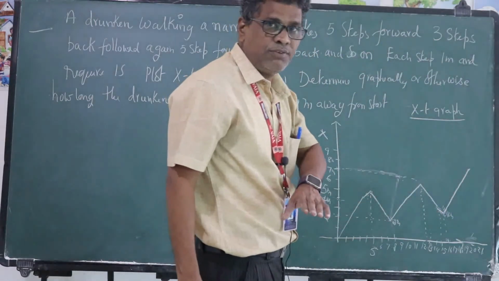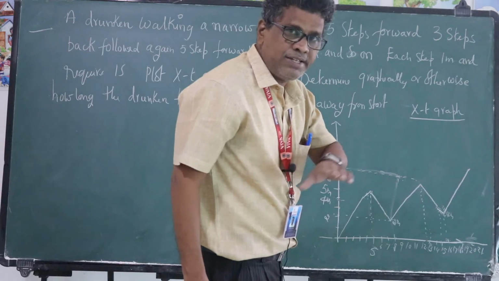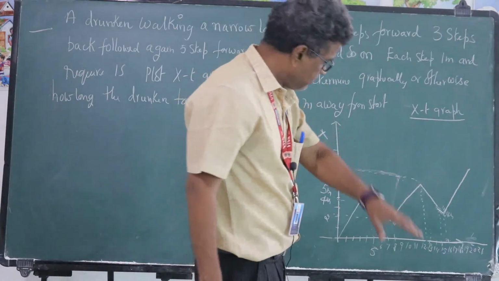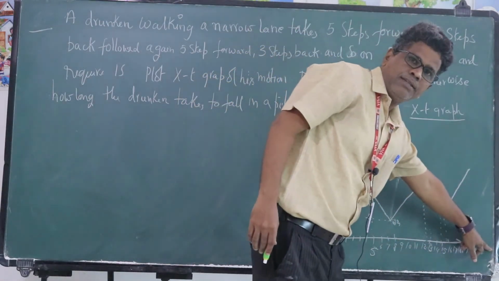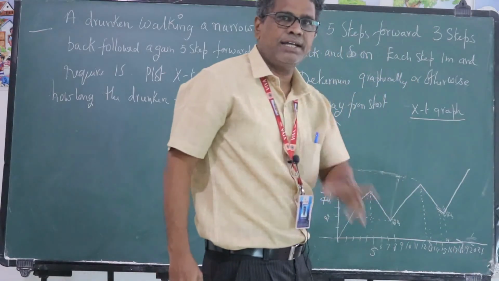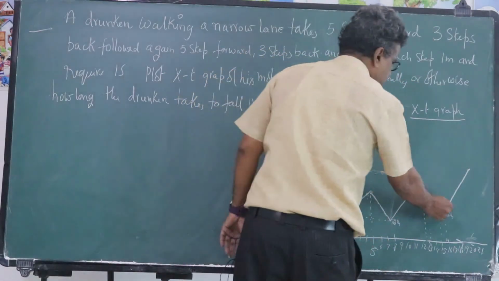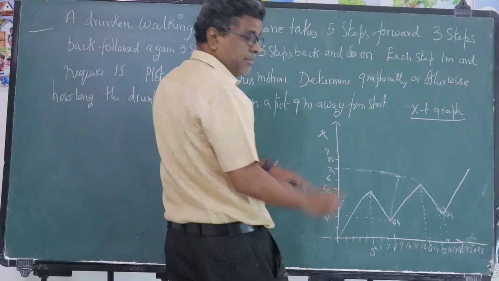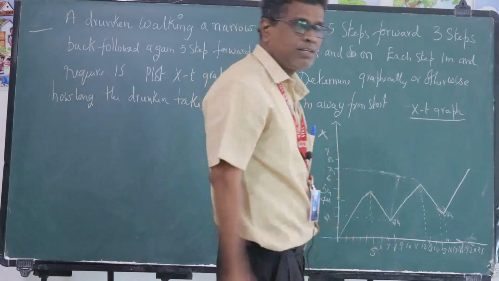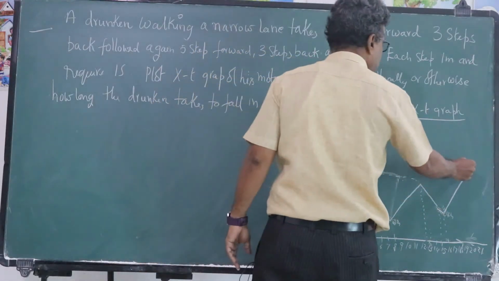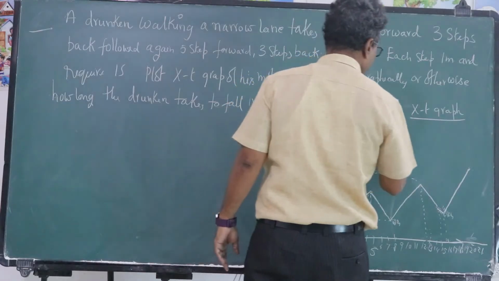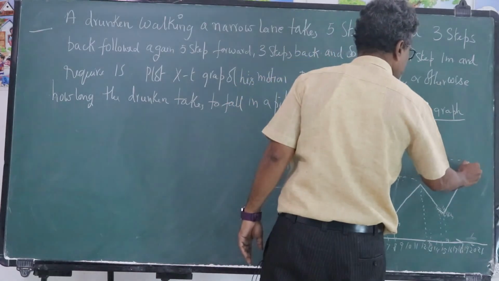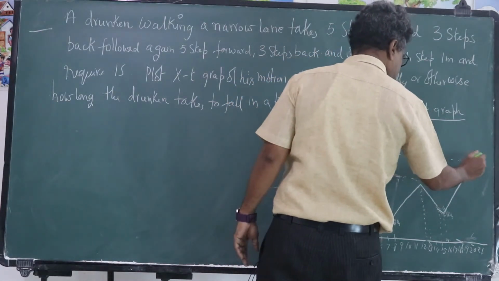So he walks forwards 5 seconds continuously. At 21 seconds he will be at the 9th meter. There is a pit, so he will fall.